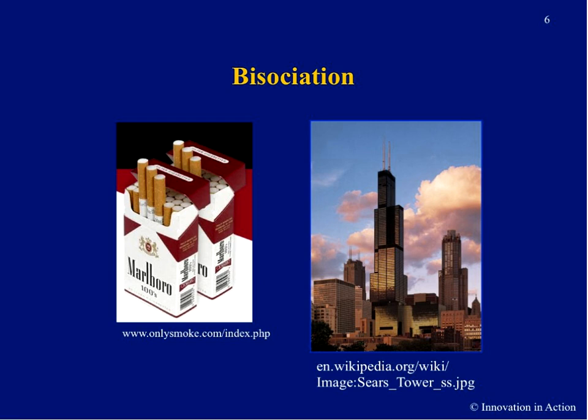One of the simplest tools we use, we refer to as bisociation, after Arthur Koestler's term in his book, The Act of Creation. It's this idea that two seemingly random thoughts can synthesize themselves in your mind to generate an innovative idea. The example shown, a pack of cigarettes with several slid out to various lengths on the left, and a picture on the right of the formerly Sears Tower, now Willis Tower in Chicago.